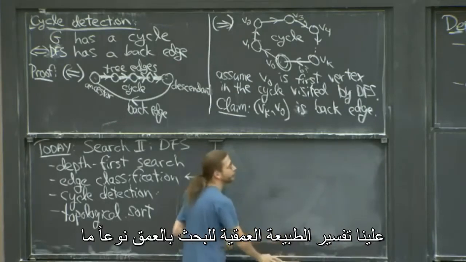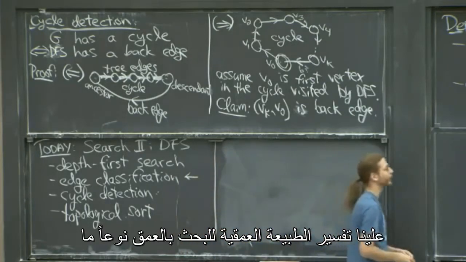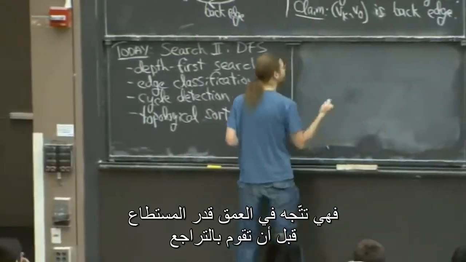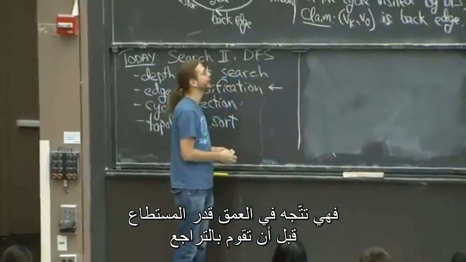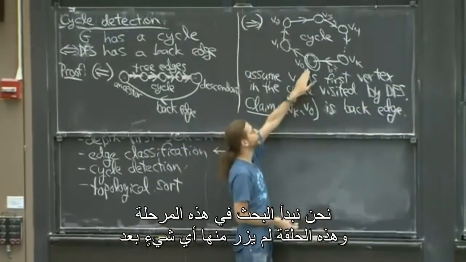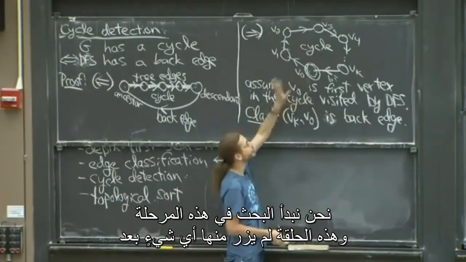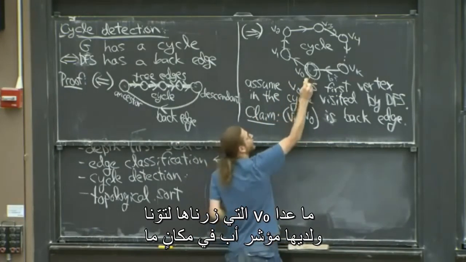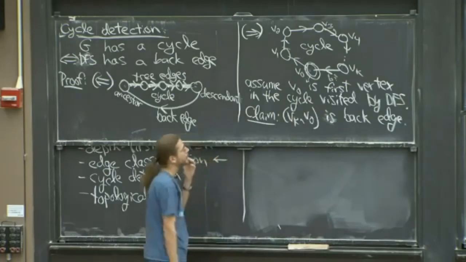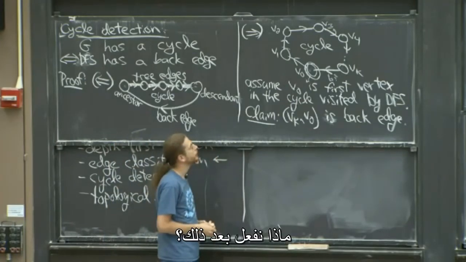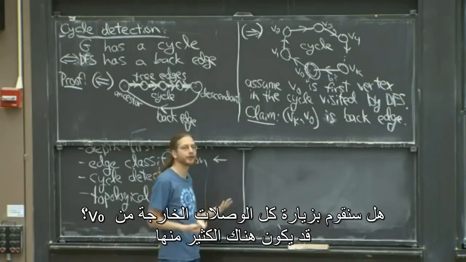We have to somehow exploit the depth-first nature of DFS. The fact that it goes deep. It goes as deep as it can before backtracking. If you think about it, at this point we are starting a search relative to this cycle. No one has been visited, except v0 just got visited. It has a parent pointer off somewhere else. Okay. What do we do next? Well, we visit all the outgoing edges from v0.